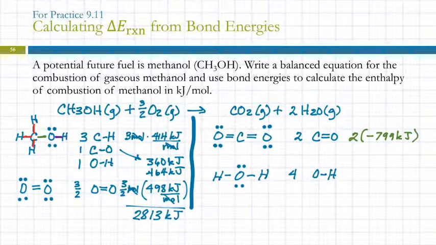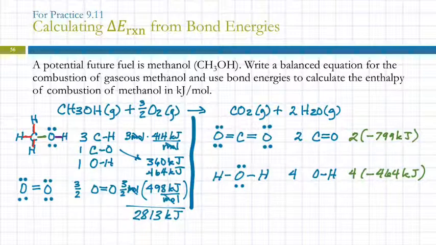And then the oxygen-hydrogen bond, I have 4 moles of that, and that's going to be minus 464 kilojoules. The sign is opposite because I'm making the bonds instead of breaking them.